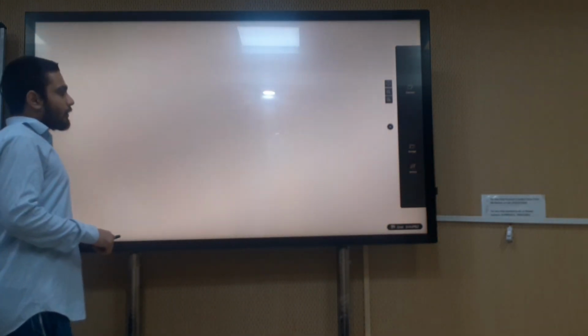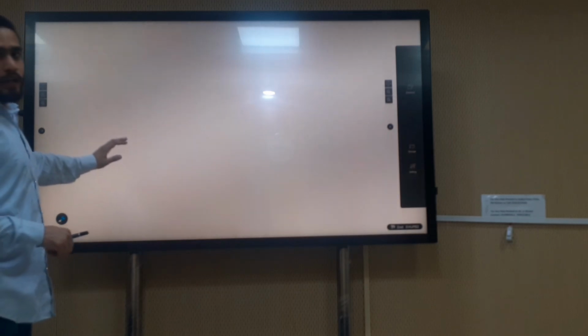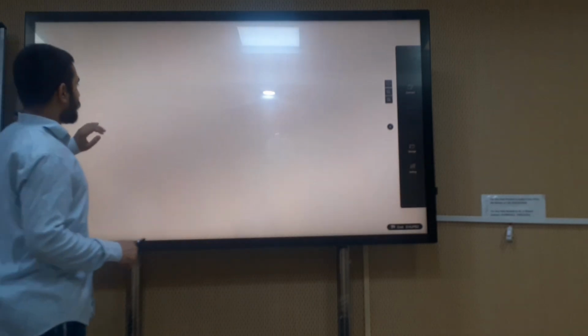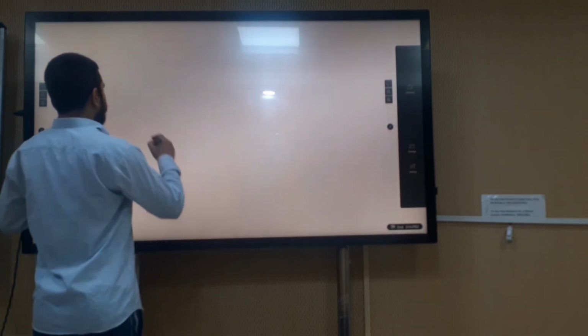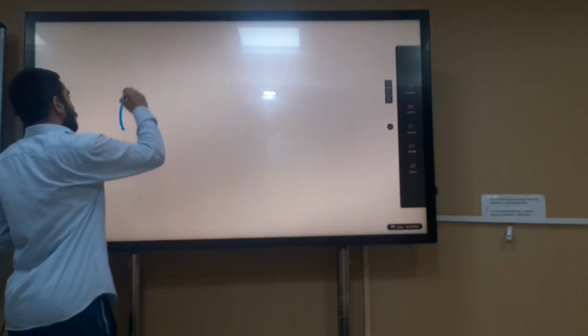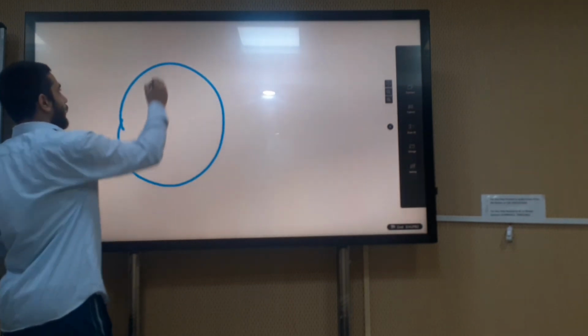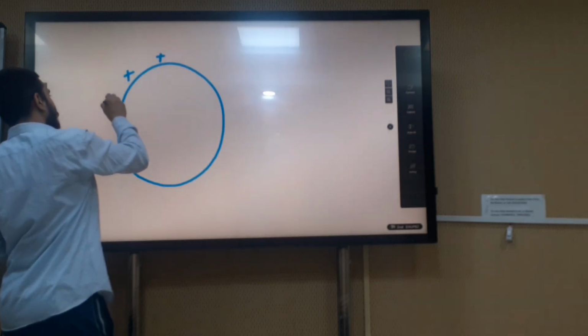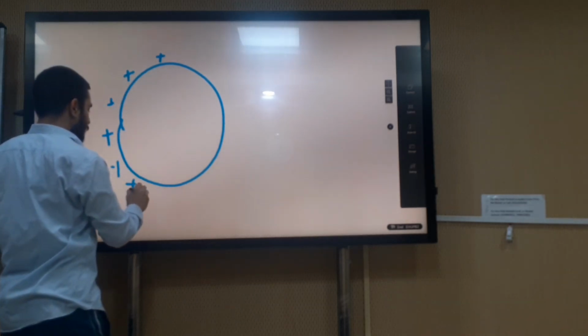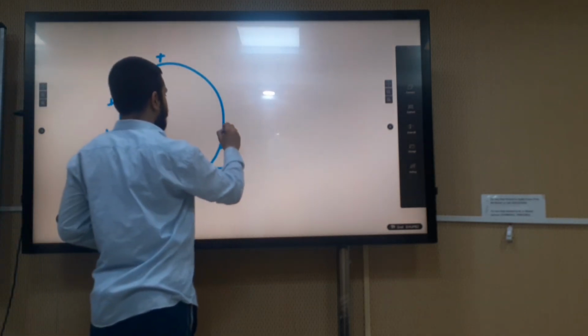Okay, so suppose that there is another question in which we will be solving. Suppose that there is a particular ring in which there is a positive sign here, positively charged, and here it is negatively charged.